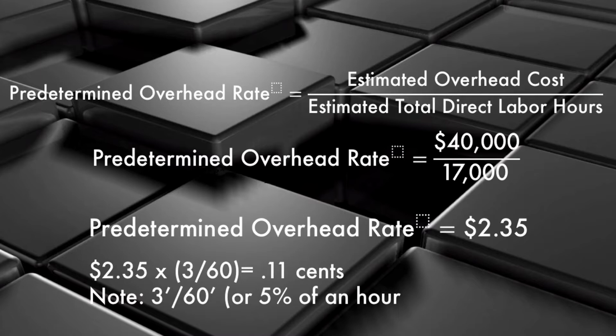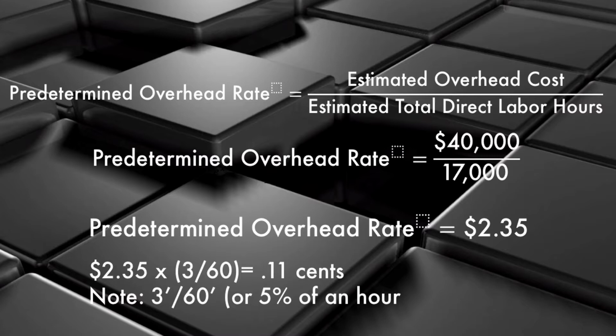Total overhead cost is $40,000 divided by 17 direct labor hours reported by frontline workers. In this example, the predetermined overhead rate is $2.35.